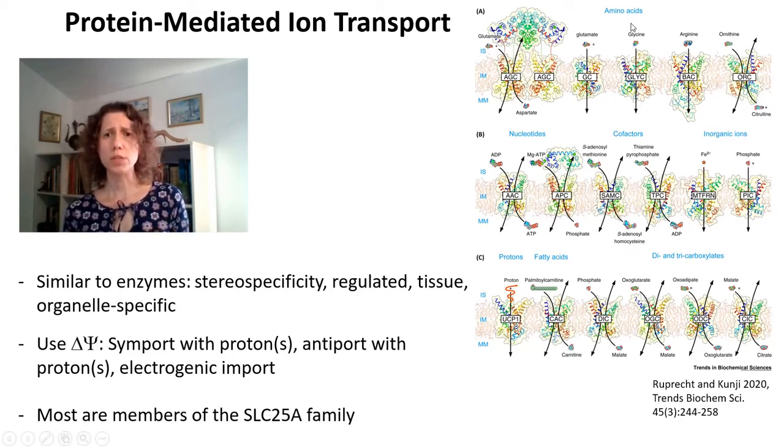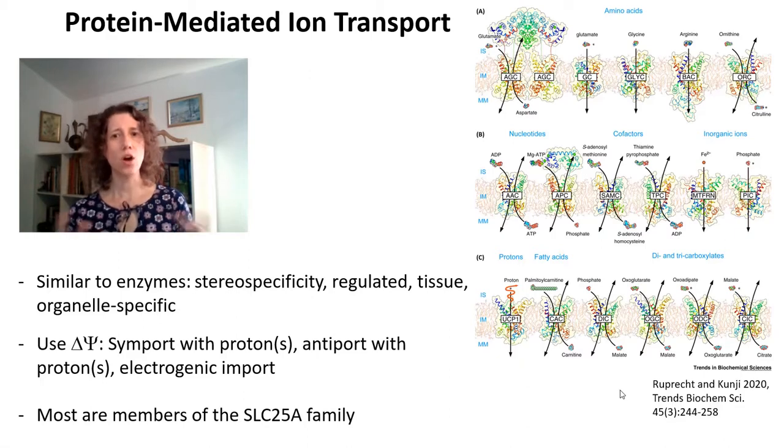They transport amino acids, nucleotides, cofactors, even some inorganic molecules like iron and phosphate, and also many different substrates into mitochondria are transported by members of this family. And they all have similarities in their structure. They all seem to have evolved from an original anionic transporter in mitochondria.